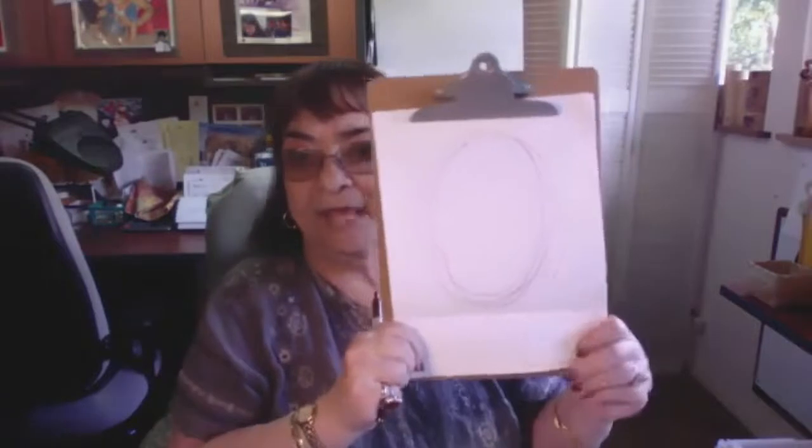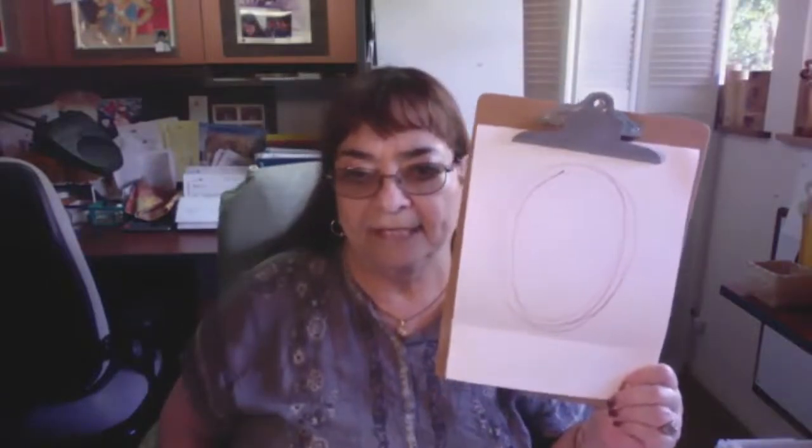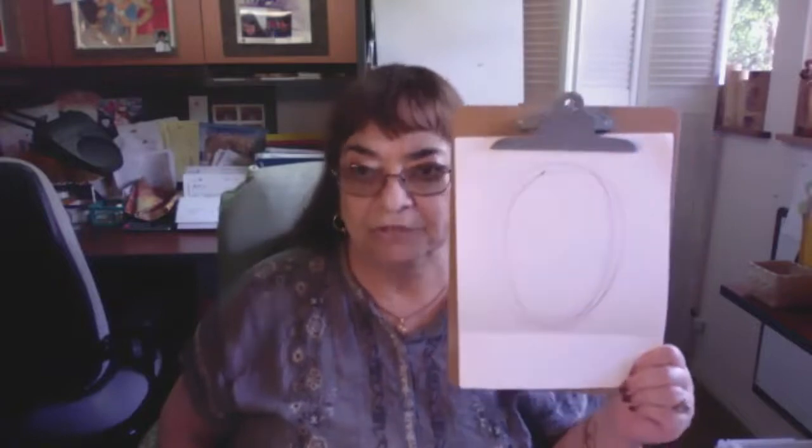And you're going to leave some space at the bottom like I did, about that much space. That's going to be where we put in the neck and the shoulders for your self-portrait that you're later going to animate. It's going to become your avatar, so you want it to look really like you.